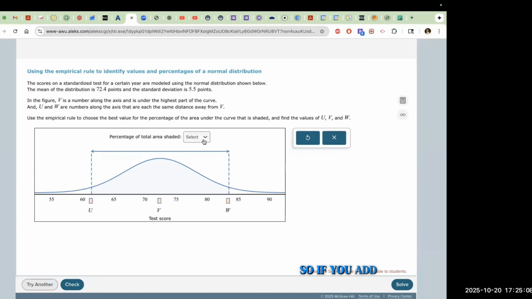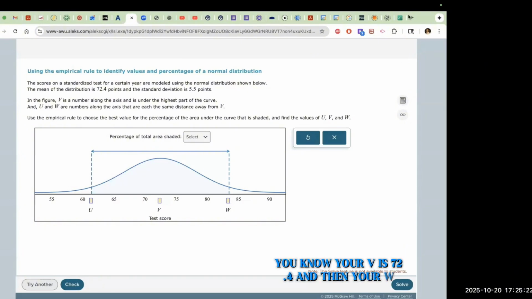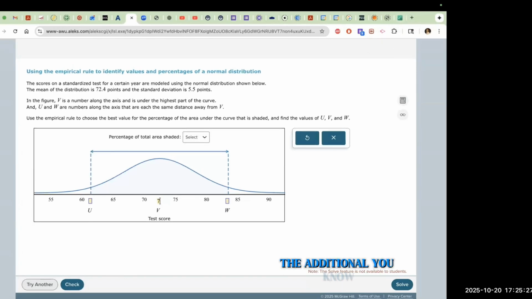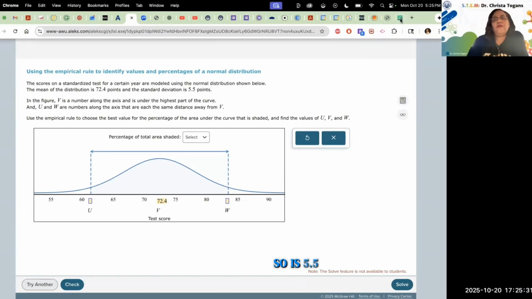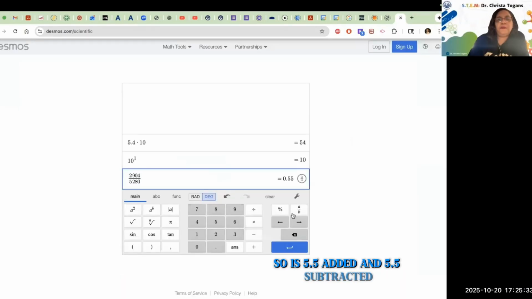So if you add the 1, the 2, 3, and then subtract all that, then it starts giving you your U for the subtraction. You know your V is 72.4, and then your W would be the additional, so it's 5.5 added and 5.5 subtracted.